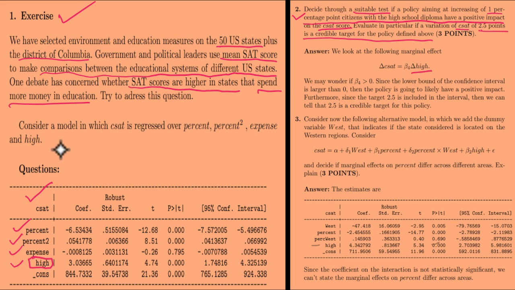Remember we write it as beta 0 plus beta 1 percent plus beta 2 percent square plus beta 3 expense plus beta 4 high. We can answer this question by looking at the marginal effect, because it asks if a policy aiming at increasing by 1 percentage point the citizens with a high school diploma has a positive impact on the CSAT score.